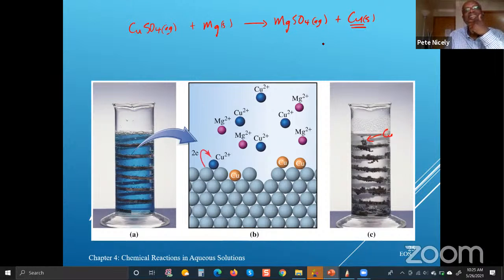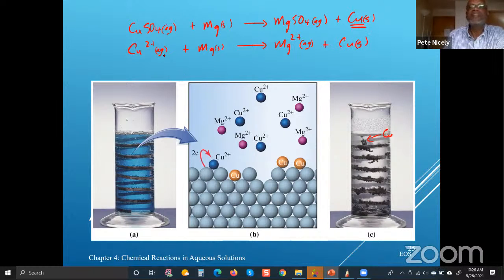Now, if you were to write down the net ionic equation, just like we did in the previous examples, I won't go through all the steps, you'll be left with Cu2+ aqueous plus Mg solid to form Mg2+ aqueous plus Cu solid.